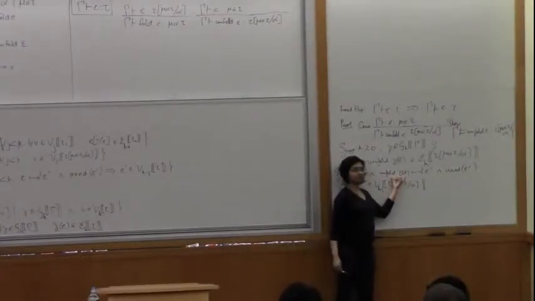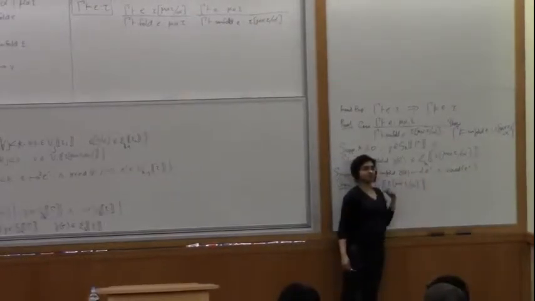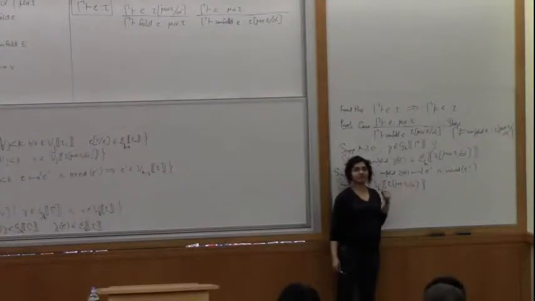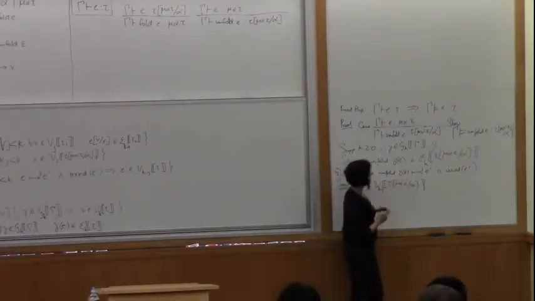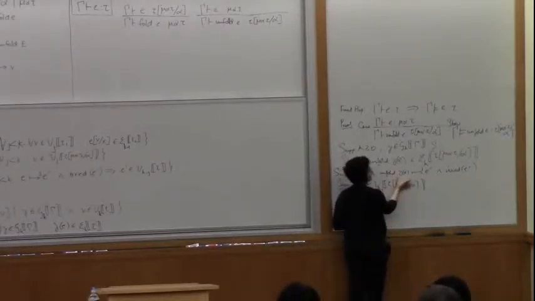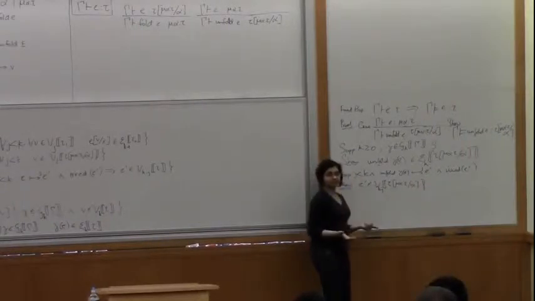So we know that the unfold expression steps to something irreducible, right? So let's examine what happens using our operational semantics. What must have happened? By the operational semantics, it must be the case that this gamma E must have reduced to something irreducible, right?